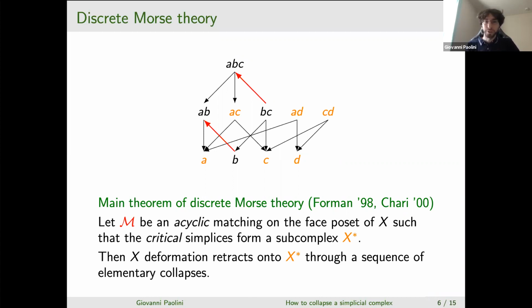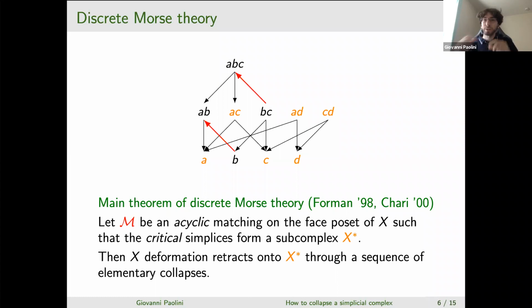It's not difficult to see that this is the correct condition, because basically this graph is acyclic if and only if there is a total order of the simplices which agrees with this orientation.